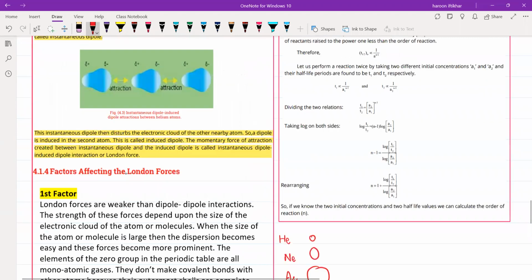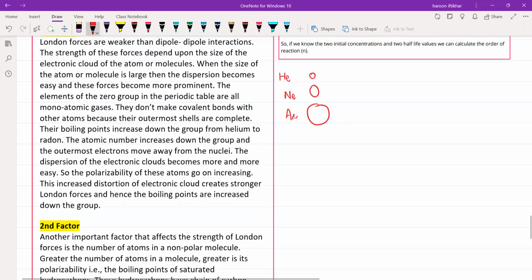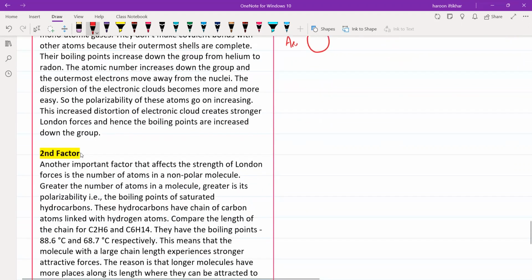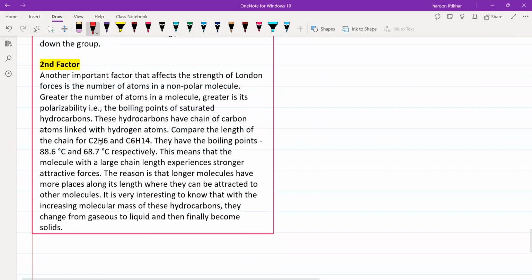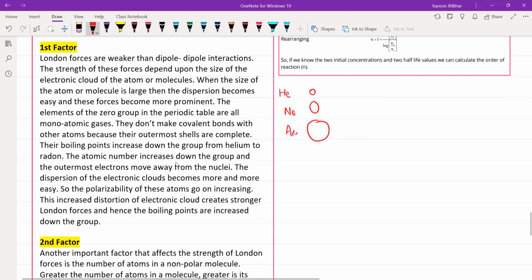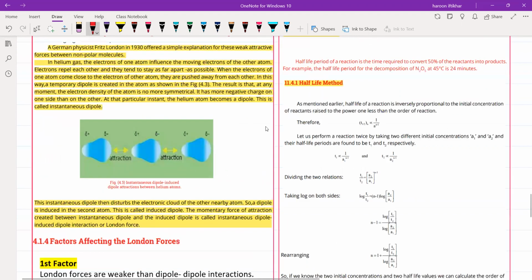So when we are moving down the group, the boiling point will increase definitely. So that's the first factor. And the second factor is about the length of the chain in hydrocarbon. So when we have a long chain, we'll get higher boiling points because a long chain will have greater dispersion as compared to a shorter chain. Okay, so these are the two factors you can mention here.